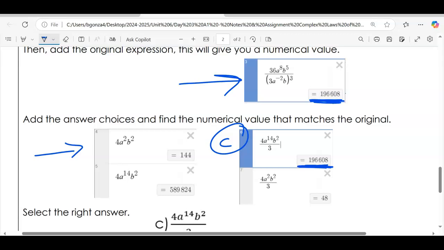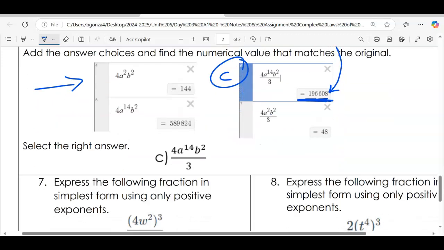Since these are equal, that means that's the answer. You're basically plugging in a number for the variables and seeing which one gives you the same answer. That's going to be it. That's simplified, okay? This is kind of a backwards way, just another way to get the answer if it's multiple choice.